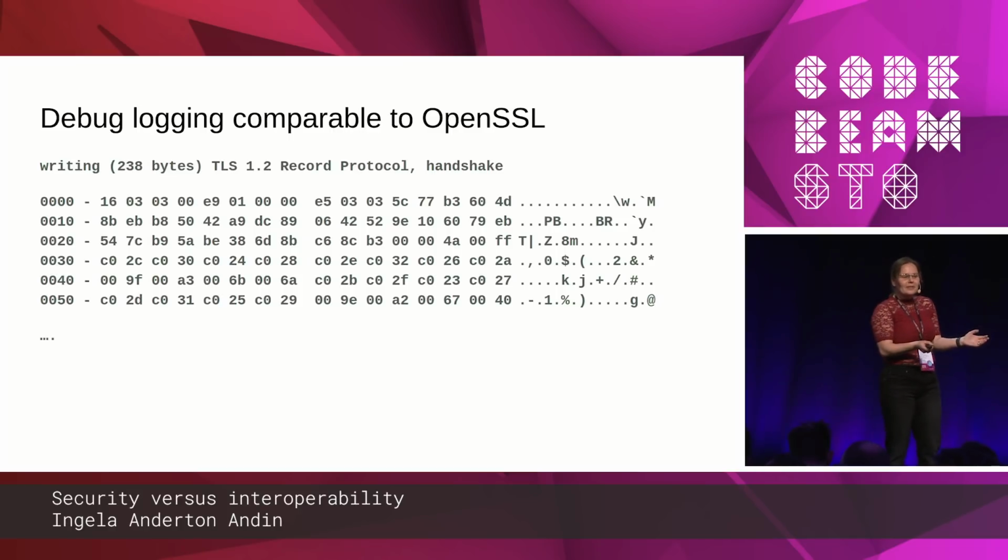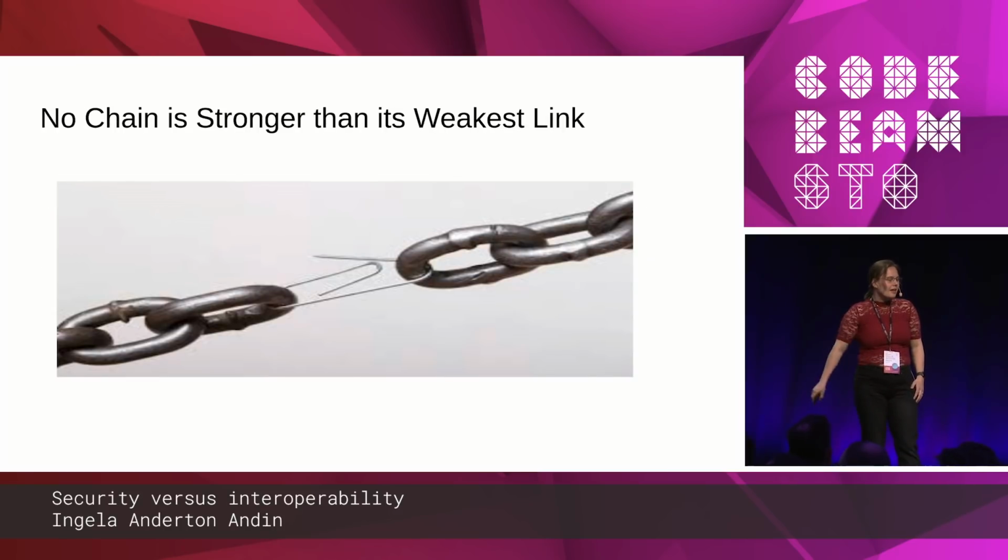It's maybe not as user-friendly, but it's comparable to OpenSSL logging, and that can be pretty useful. So please try out OTP 22. And remember, don't linger too long in the past, because many security problems come from not upgrading your systems, so that you're vulnerable to things that were found and fixed a long time ago.